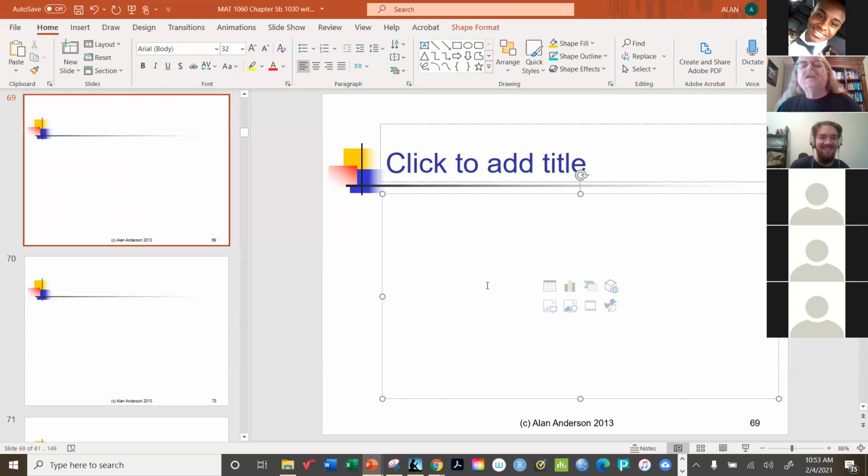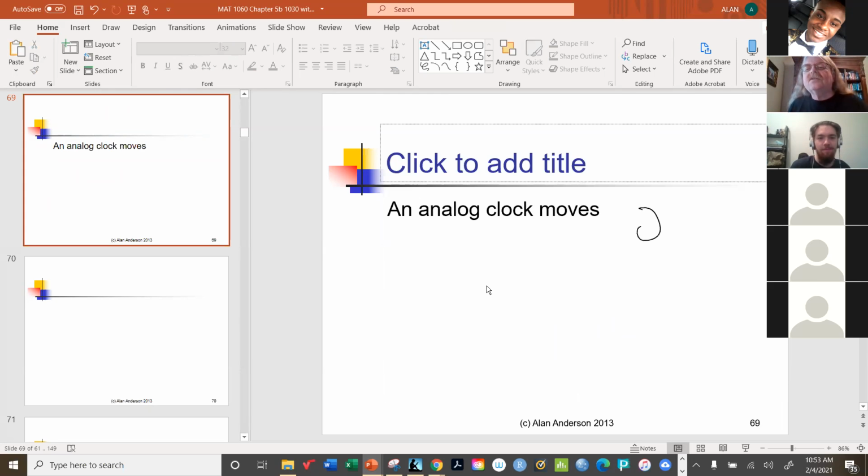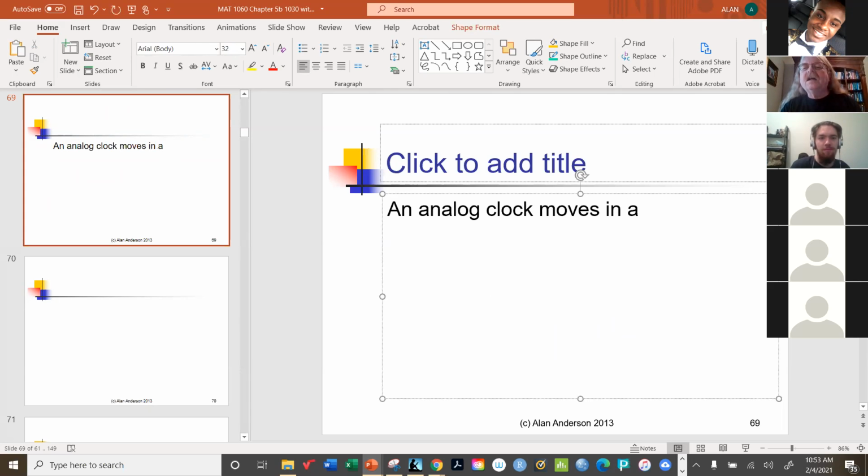So if I tell you that I'm looking at an analog clock, meaning a regular clock with hands and the whole 9 yards, I don't know how to describe this except by saying the word clockwise in this direction. In what we call a clockwise direction.